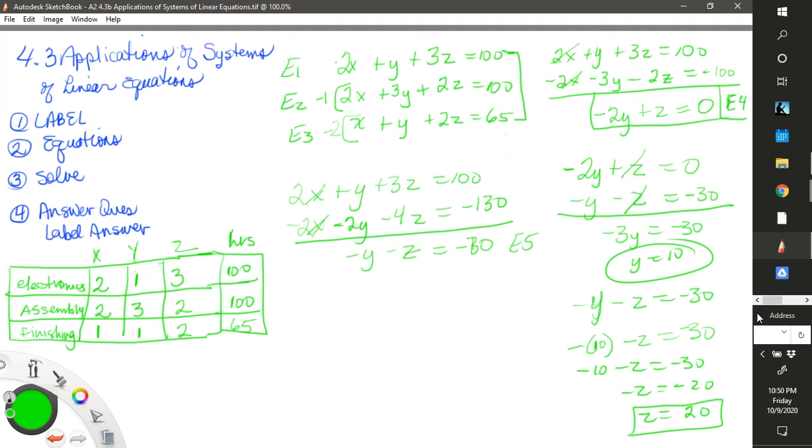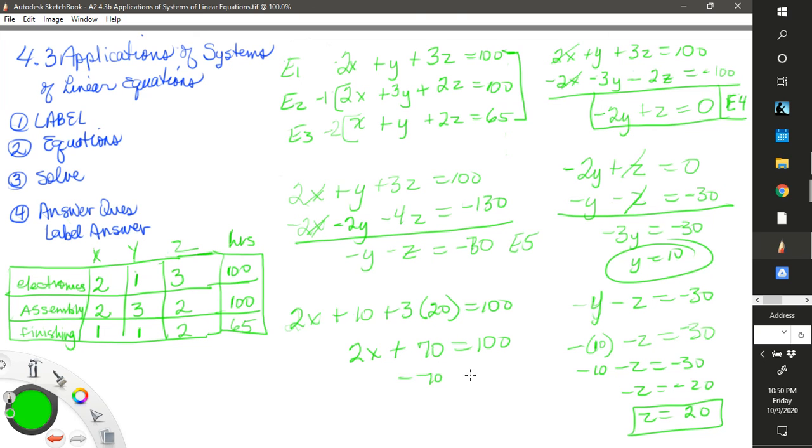Okay, now we have y and z. We go back into our E1. We have 2x plus y, which is 10, plus 3z, where z is 20, equals 100. 2x plus 10 plus 60 is 70, equals 100.